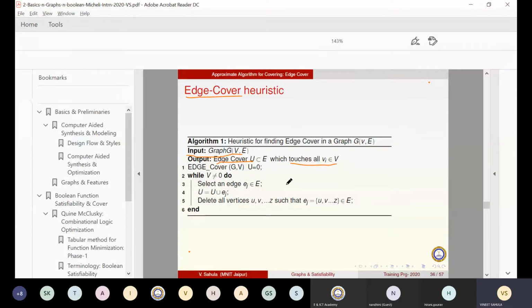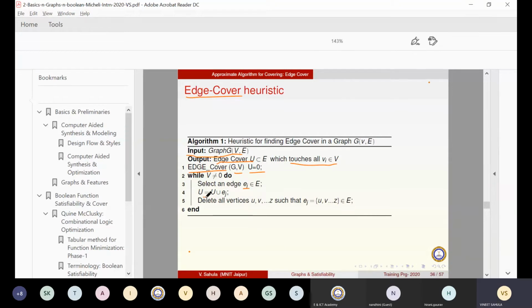How do you do it? Start. Step 1. I say the edge cover as of now is null. No edge is included. The graph is given. So what do we do? We observe the vertex set. Out of this edge set, I choose one edge and say it is my edge cover edge.